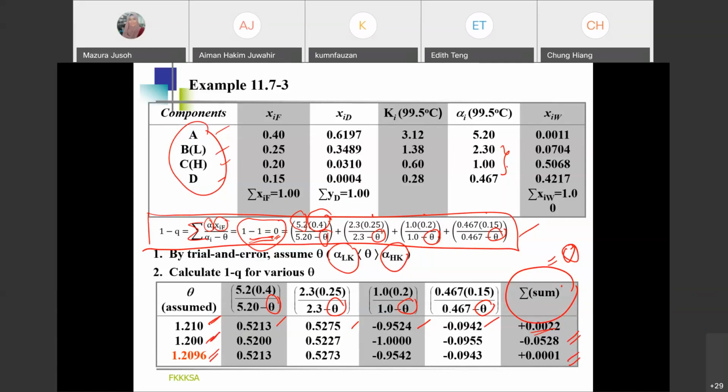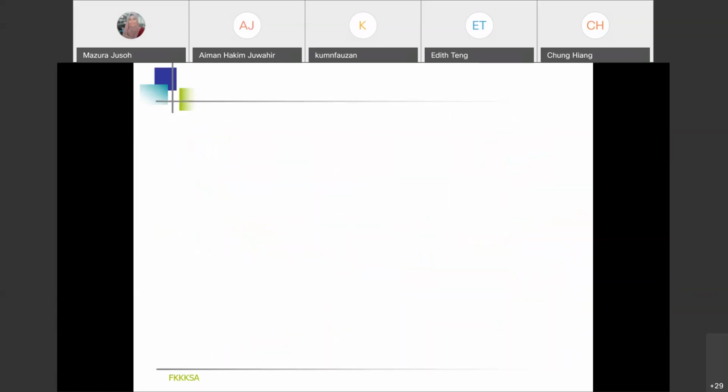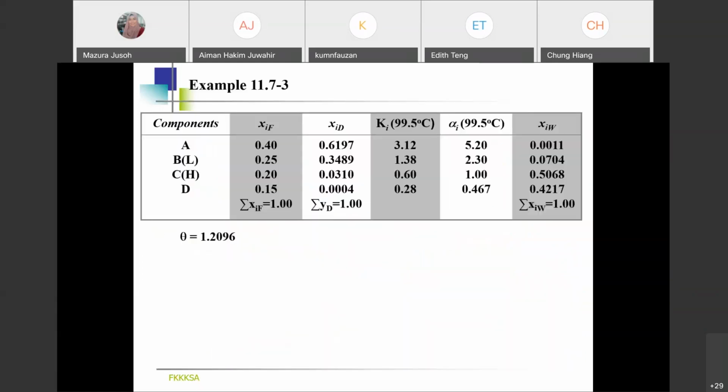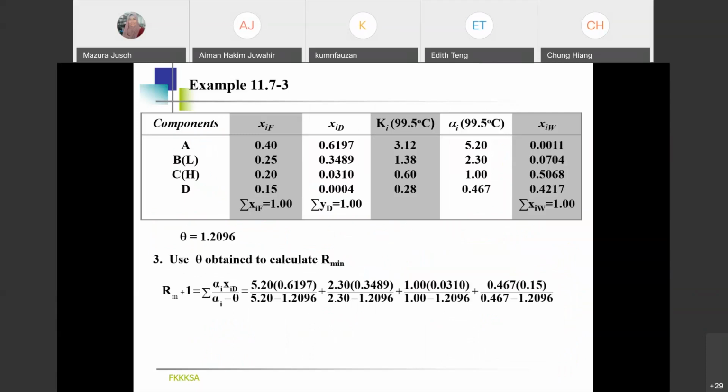This is simply assuming that value; it's not interconnected between the first trial and the second trial. Just put in the value smartly to be able to finally get to 0. After that trial and error exercise, you will finally get your theta.